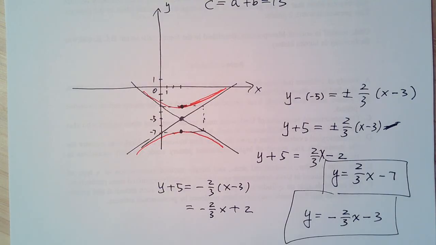I think I covered enough for hyperbola. Again, I think you have already learned two different conic sections, and the first one is the ellipse. You have x squared, y squared, and both coefficients are positive. They're not the same. And for this hyperbola, it's a little bit complicated because we might have up and down and left and right. It depends on which coefficient for the x squared and the y squared is positive.